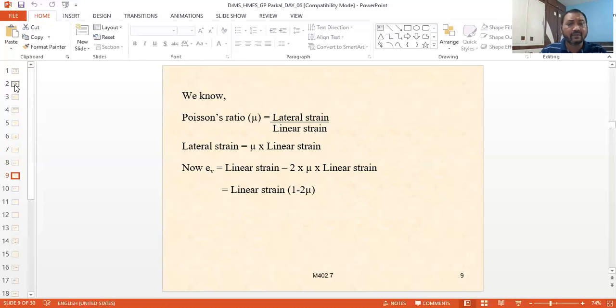We know that Poisson's ratio is equal to lateral strain by linear strain. So lateral strain is equal to mu into linear strain, and therefore EV becomes linear strain minus 2 into mu into linear strain. So this is nothing but linear strain into 1 minus 2 mu.